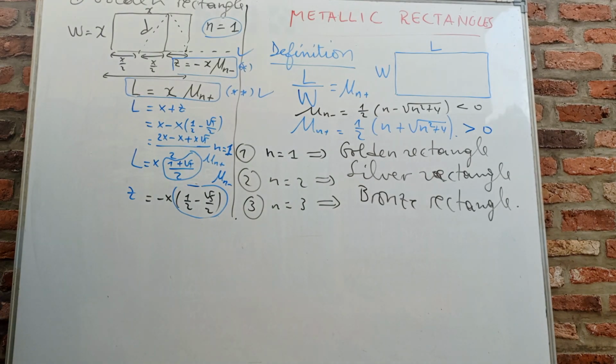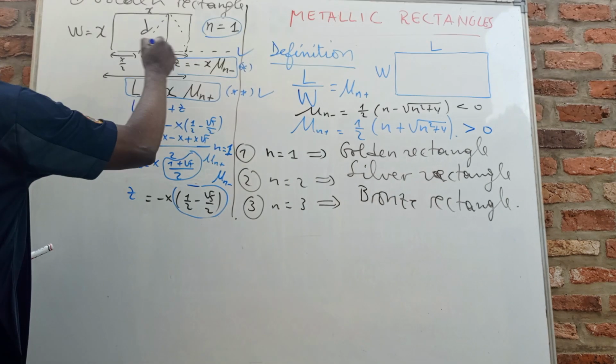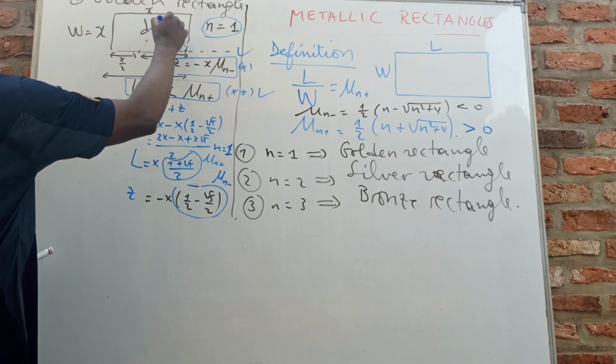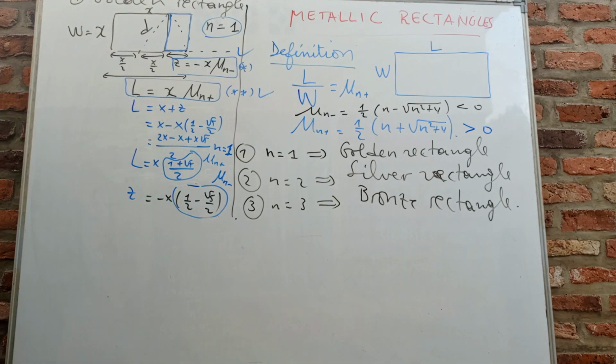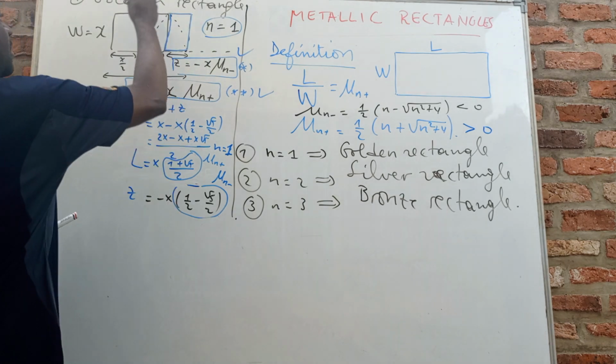Okay, so this is a golden rectangle, but it can also be proved that this small rectangle here is also golden.